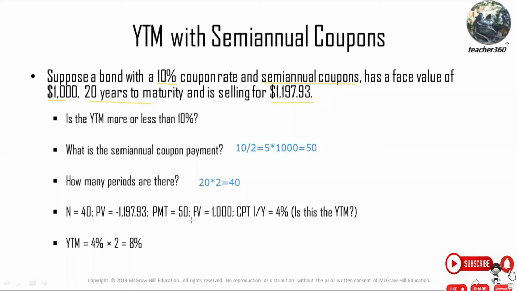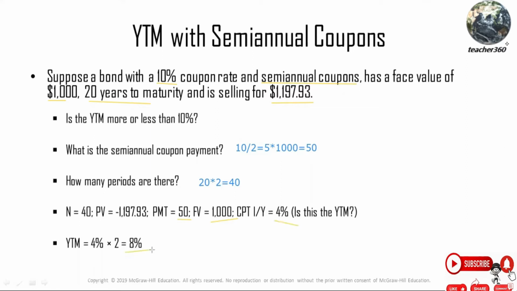Our face value is 1000, so press 1000 for future value. Then press CPT I/Y, the interest rate, which is 4%. Now the question is, is this the YTM? No, it is the semi-annual YTM. So our yearly YTM is 4% times 2, which is 8%.